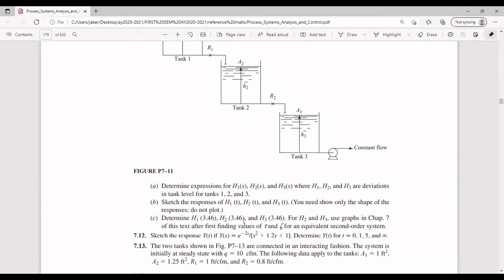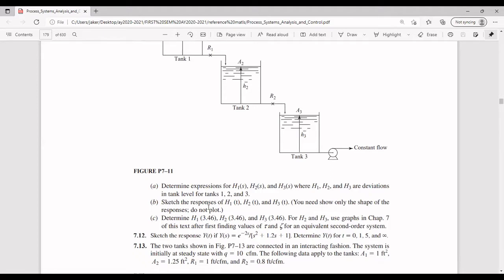Now you are to sketch, so we will not do the sketching here to save us time. Although it says here that you're only going to sketch using the shape, or you will liken the shape to what we have in the responses for the different shapes of the curves for the impulse forcing function that was shown to you during the discussion.